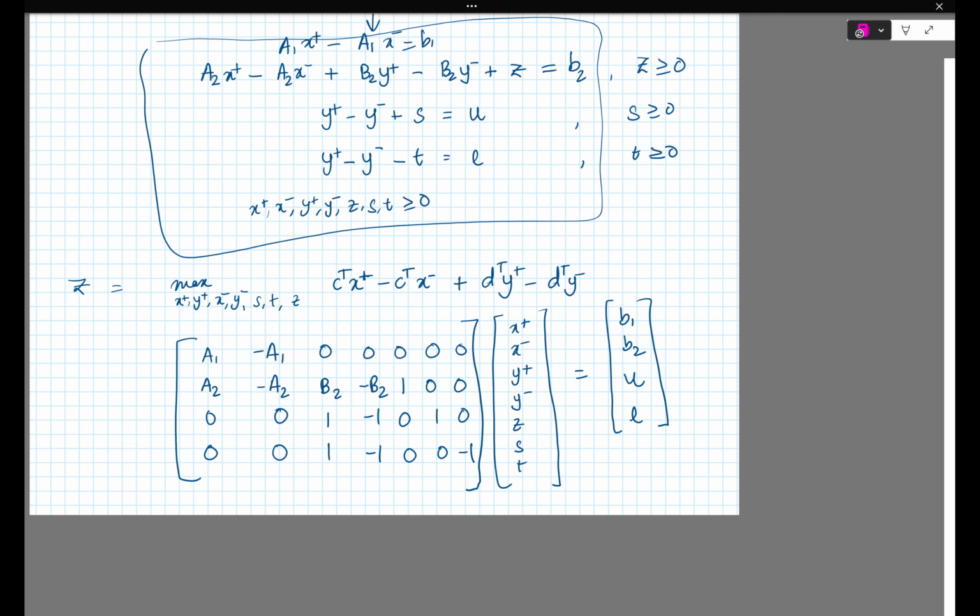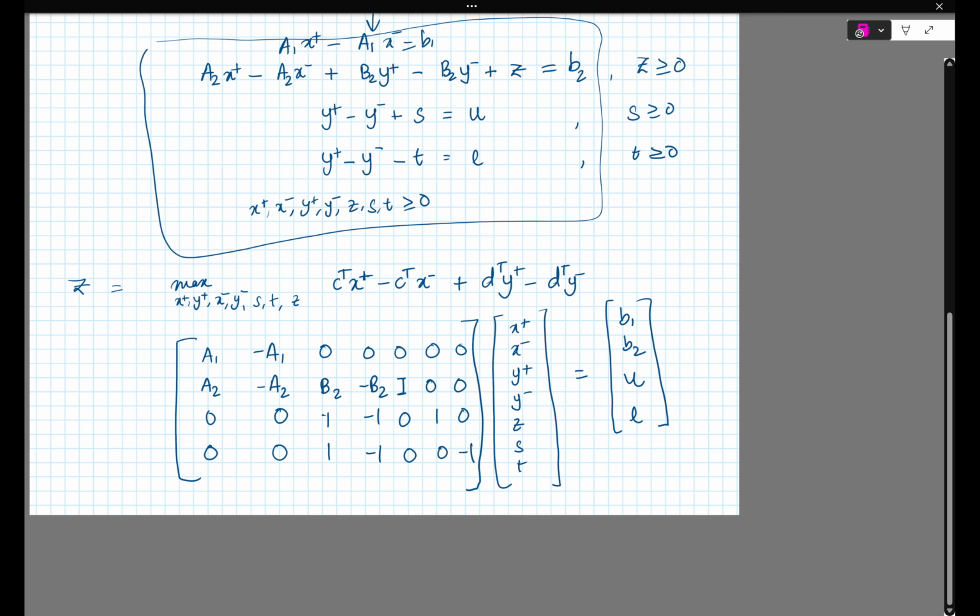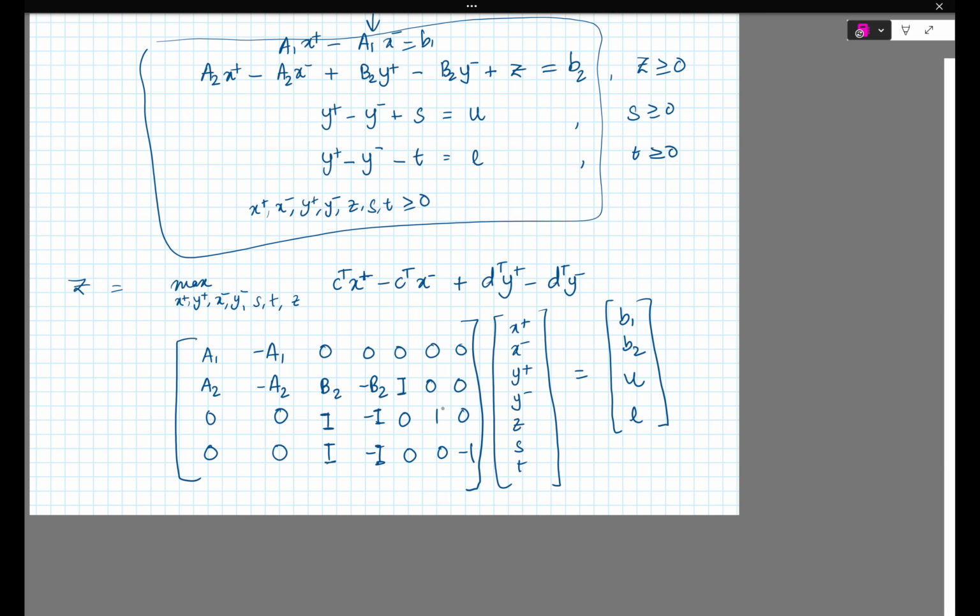Any doubts? Okay, here I think it should be identity, because these can be vectors, right?